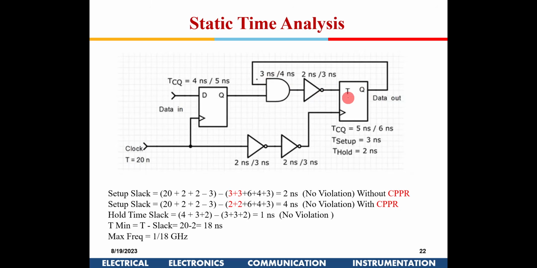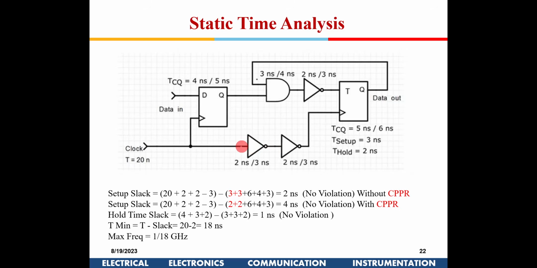In this case, the data from here at t equal to 0 was triggered, before the next clock. There is one data which is coming from here. So when will that data get settled? Now let's consider t equal to 0 here. Then I am taking the most slowest path.